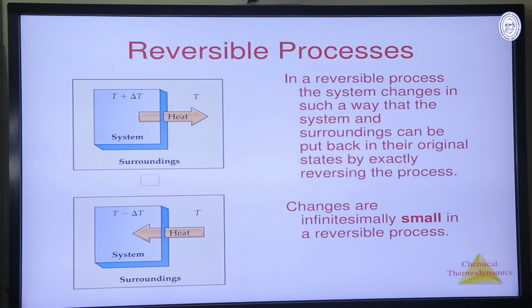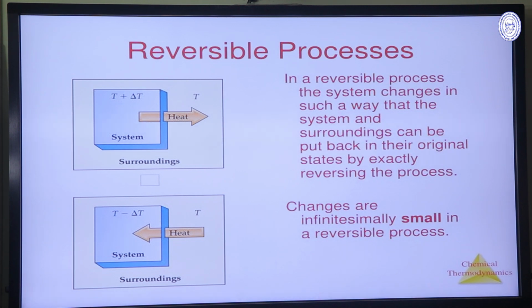In a reversible process, the system changes in such a way that the system and the surroundings can be put back in their original states by exactly reversing the process.